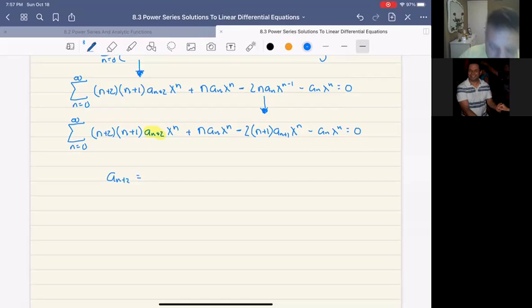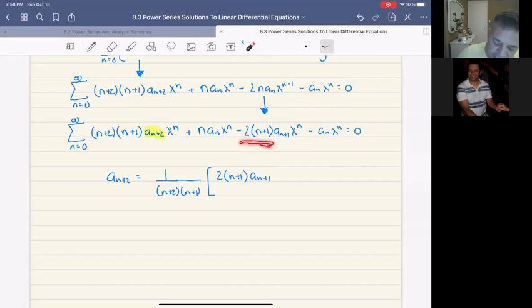A sub n plus 2 equals, well, there's the 1 over n plus 2, n plus 1, times 2 n plus 1, a sub n plus 1.